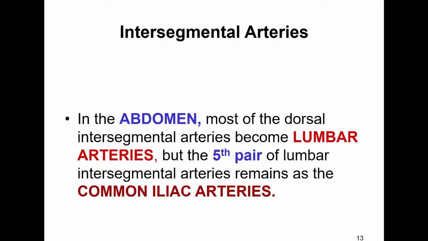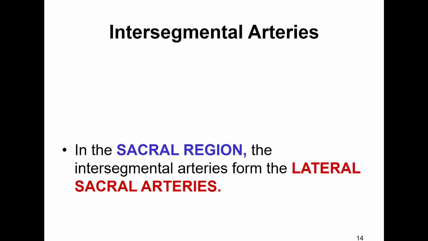There are 2 common iliac arteries, if you remember. The aorta divides at the region of the 4th lumbar vertebra to form 2 common iliac arteries, right? You must remember.